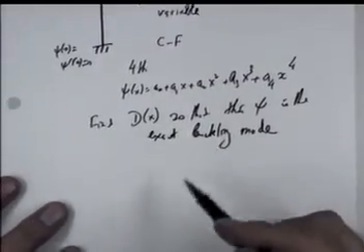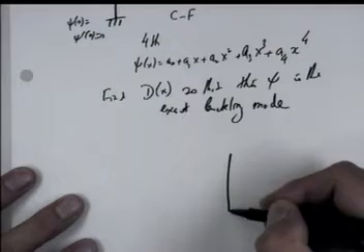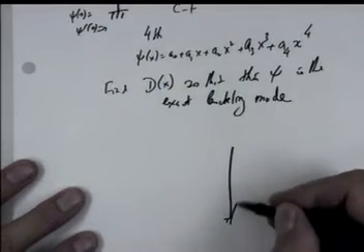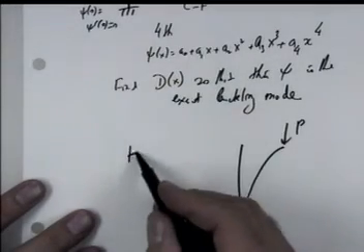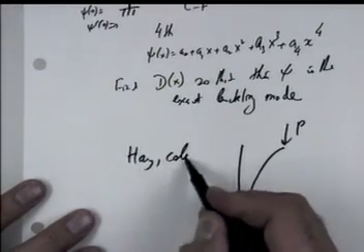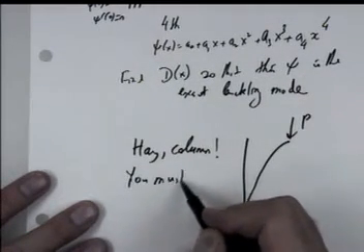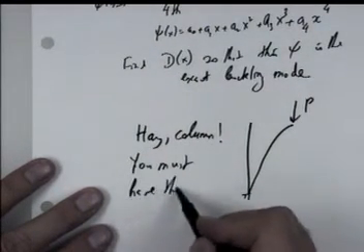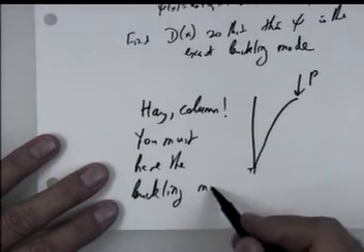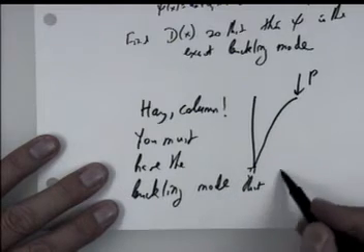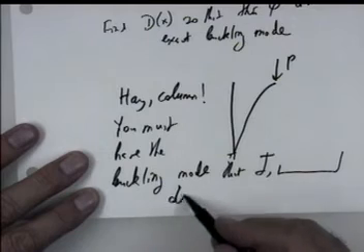So what we are saying actually is as follows. This is a beam, and we say, hey beam or column, you must have the buckling load, buckling mode that I decide, and then you put your name here.